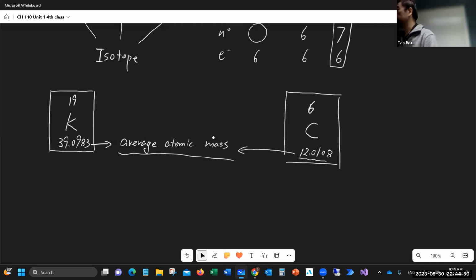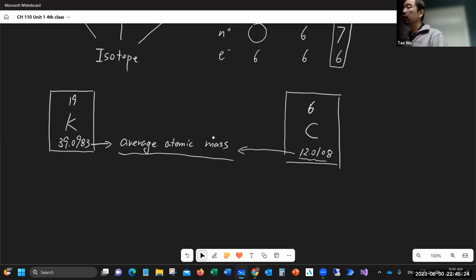Why is this average? That's because this is the general mass for elements. Remember, this is a general mass for carbon. Remember, we talked about how carbon could have different atoms, right? Could have carbon-12, carbon-13, carbon-14.